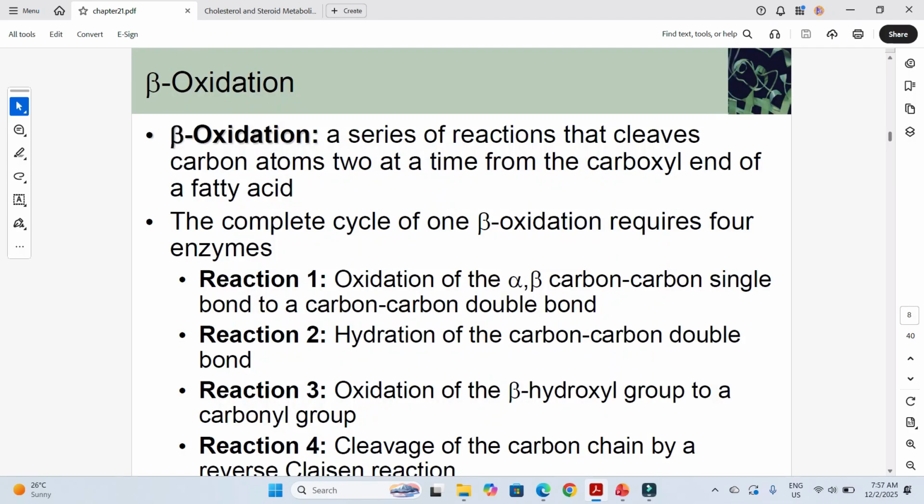Okay, now beta oxidation, as I mentioned, is the process that oxidizes fatty acids to carbon dioxide.